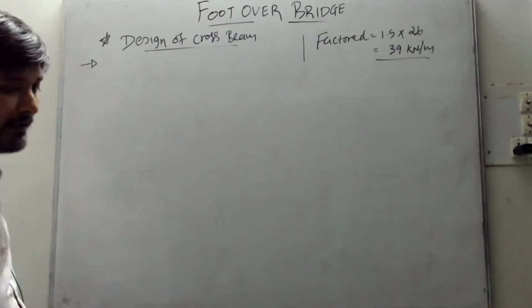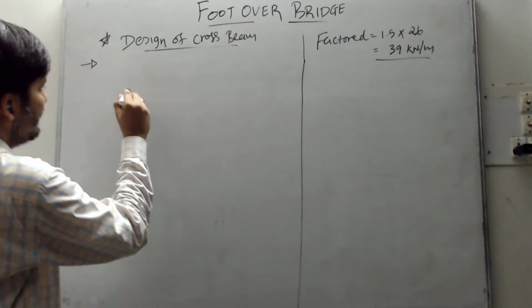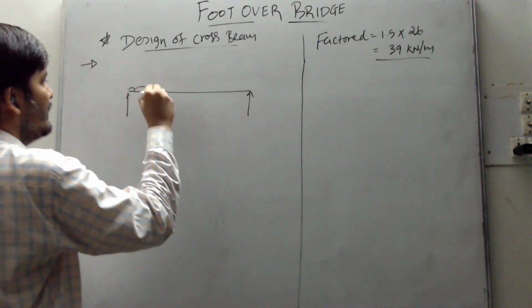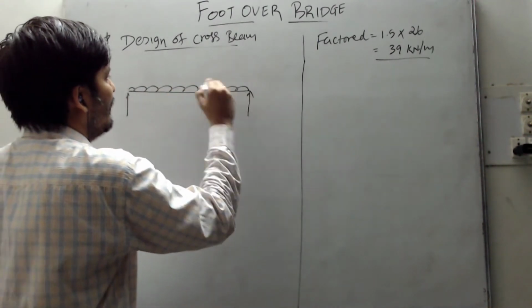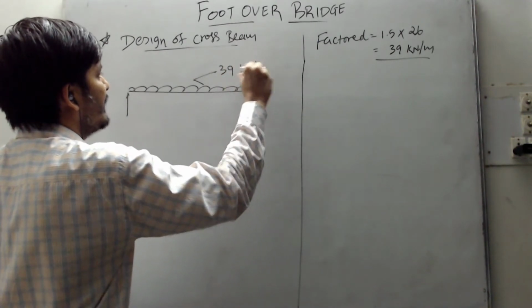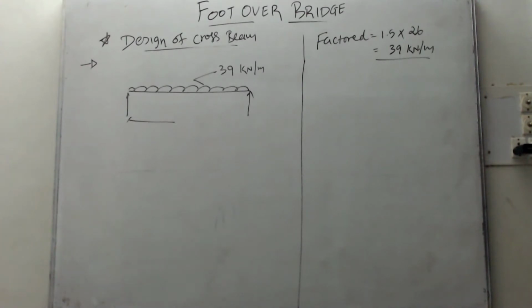So ultimately my beam will be like this. It will be simply supported, having a UDL of 39 kilonewton per meter. The length of this cross beam will be 4 meter.